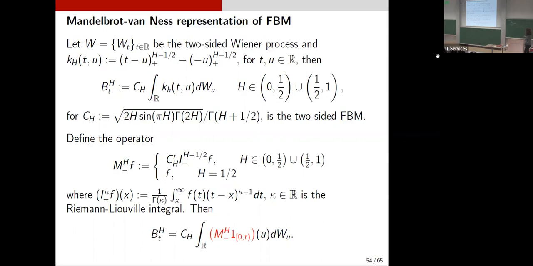This is a constant that we can now ignore. What I want to show you is that this very well-known representation of the fractional Brownian motion can be written, as in the last formula here, as an integral with respect to the Wiener process W, but of this kernel. And in this kernel, we have this operator M_H, for which I'm now using a quite different notation.